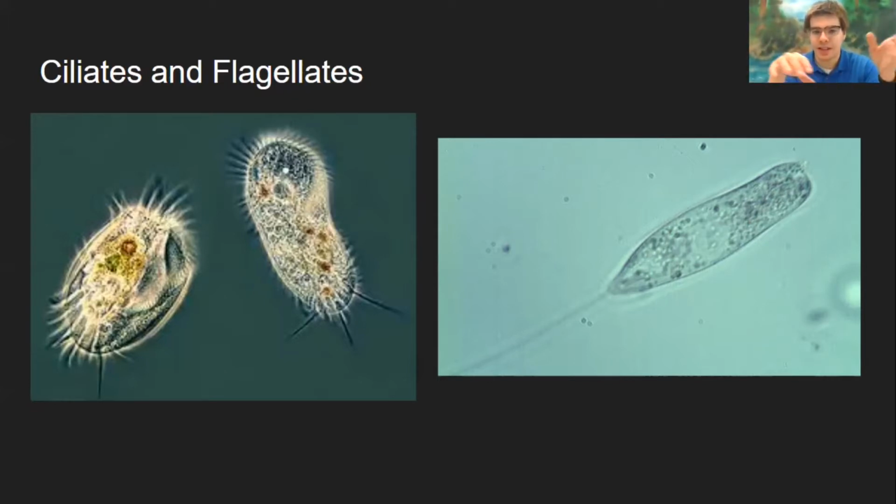And they'll just waggle it around until they bump into something, and they'll either eat it or sometimes they might absorb it, but these guys will eat things because they're consumers. And then you also have flagellates, which are ones that have a very long, sturdy rudder, and they'll use that. They'll undulate it, which is, you know, going back and forth, and that's how they will propel themselves forward in water.